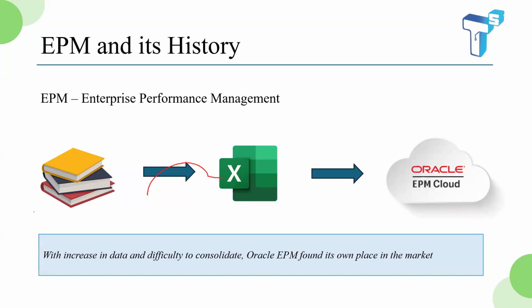With increasing data and difficulty in consolidating the data, Oracle EPM Cloud applications found their own place in the market. If you want to sum up the entire revenues and expenses that are available in different Excel sheets and provide them to the government, it will be a hectic task for you.